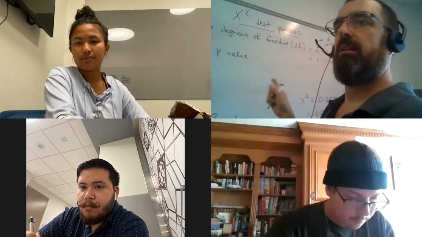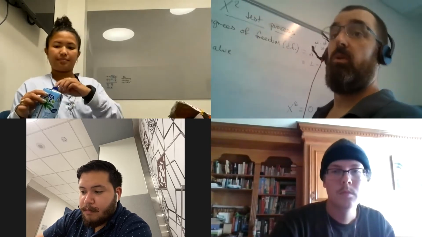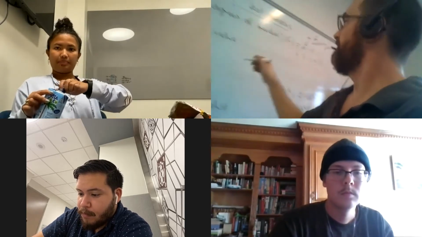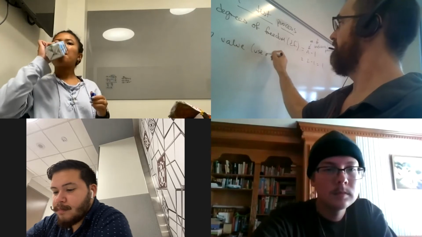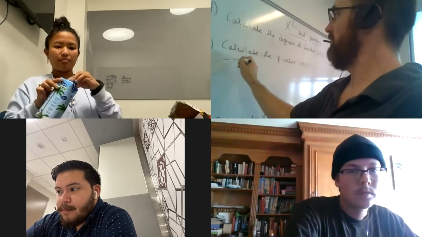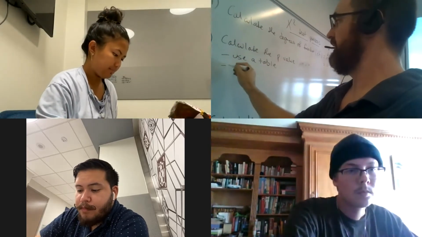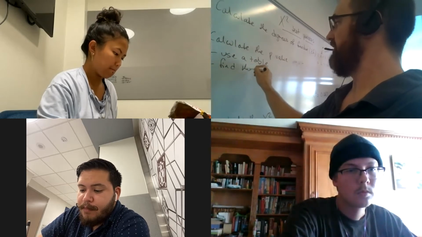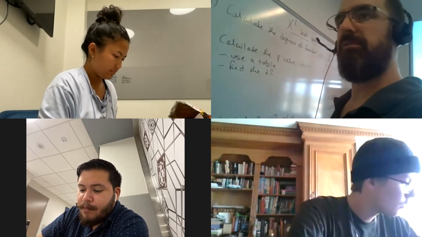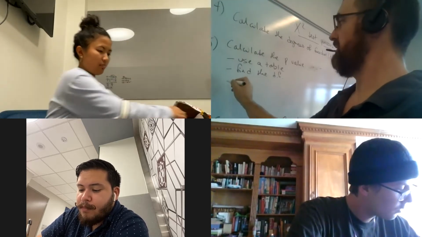Awesome, thanks. Okay, so you can't calculate the p-value. Well, I guess you can, but I wouldn't want to. Yourself, what you do is you use a table or a chart. Actually, let's write this out. Use a table. Find the DF for your particular experiment.